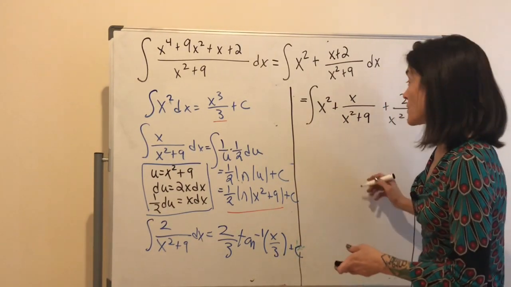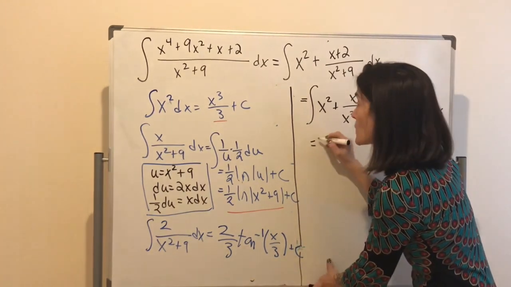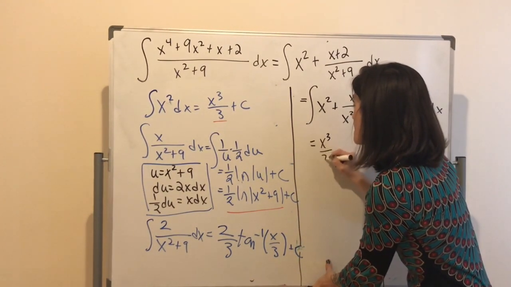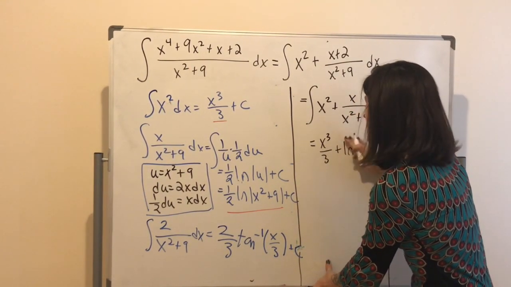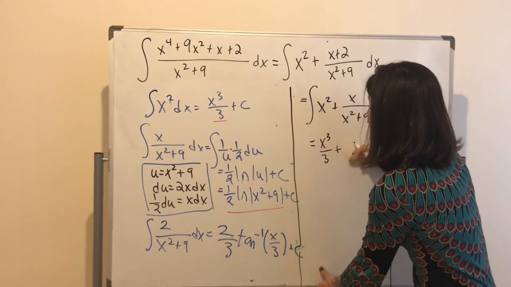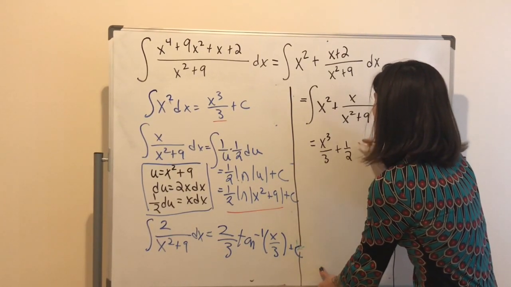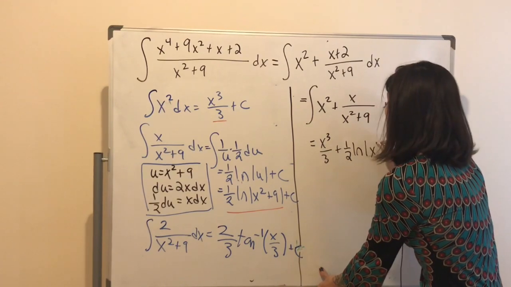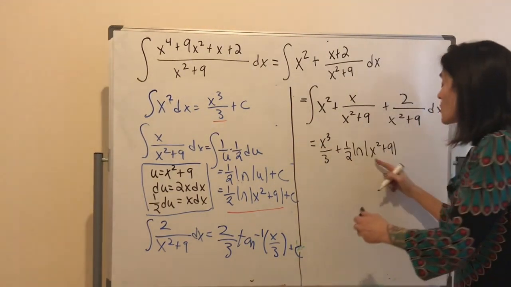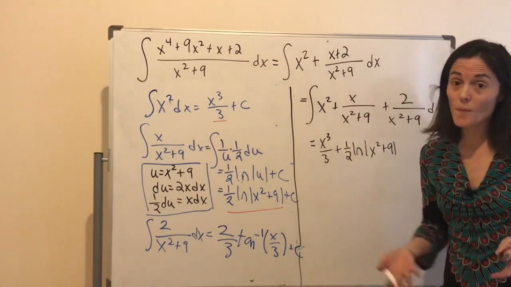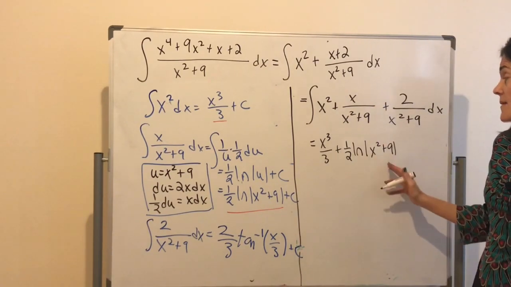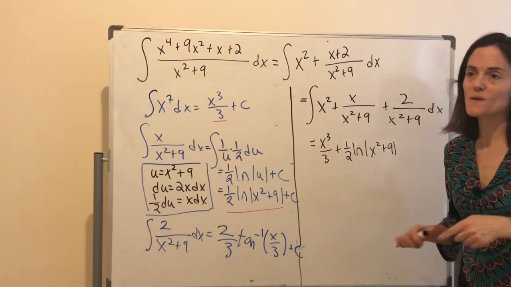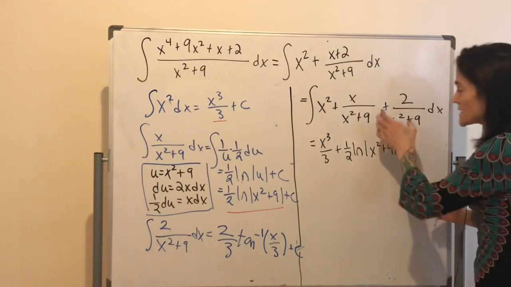Well, now let's just put this all together. So my final answer, we add them all up. Oops, don't want to forget the half. ln absolute value x squared plus 9. This is one that you could, without a doubt, put open parentheses instead of absolute values because x squared plus 9 is always positive. You're also fine to just leave them there.